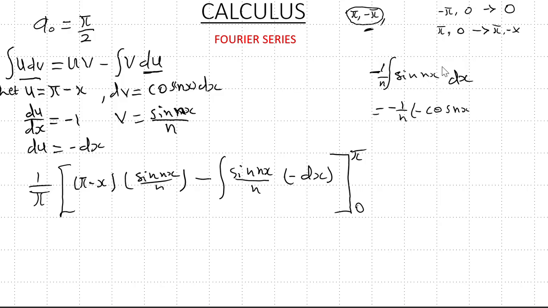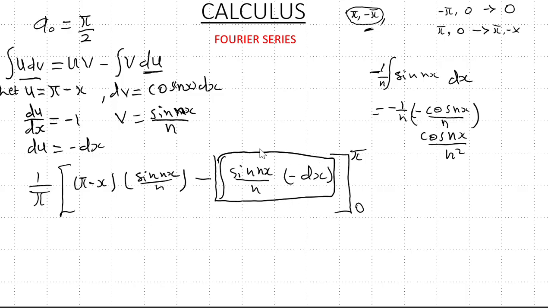Then we differentiate what is inside here and divide by the result we get, and that is n. Multiplying the negatives, it's going to be positive, and the n here too becomes n squared, so it's going to be cos nx divided by n squared, and we're going to plug that here.